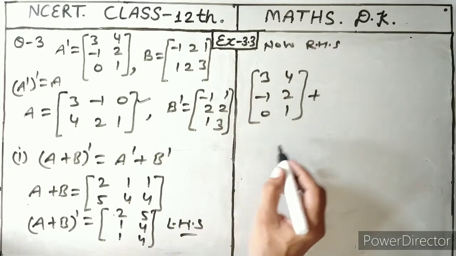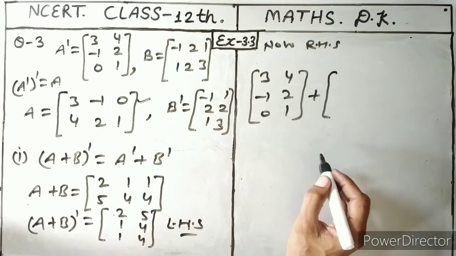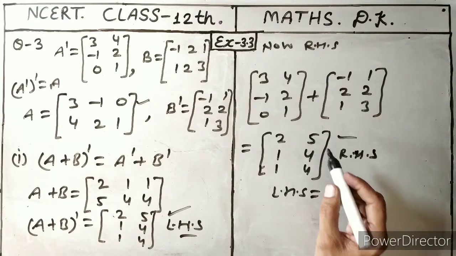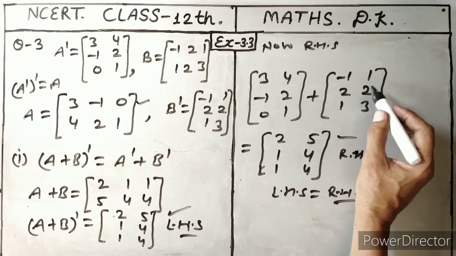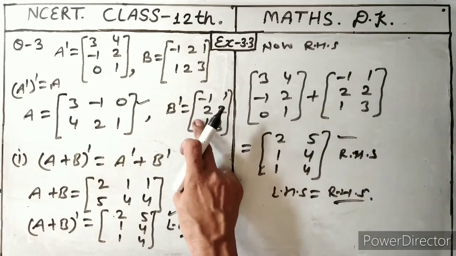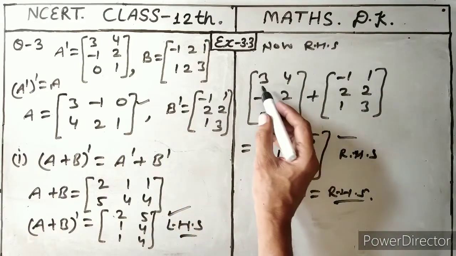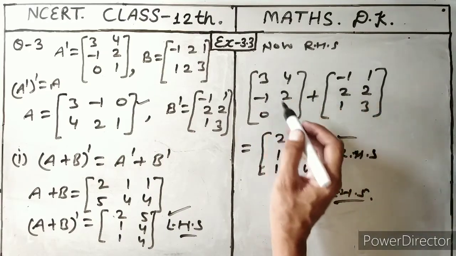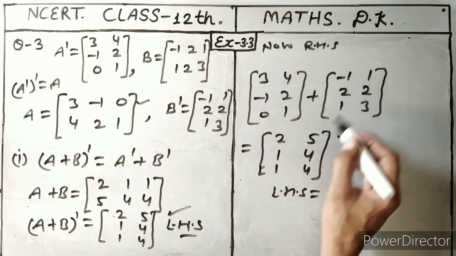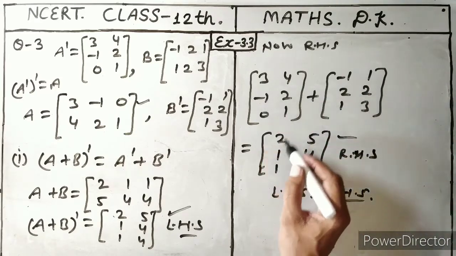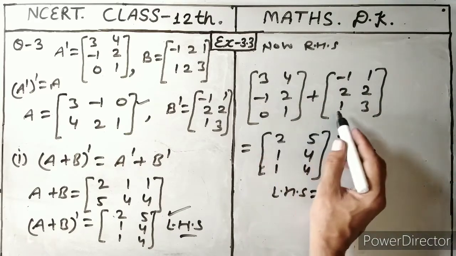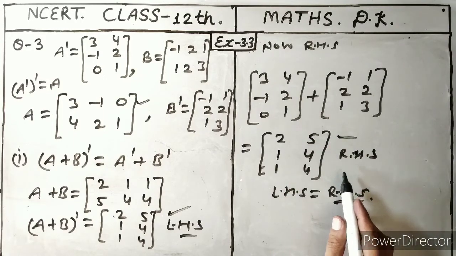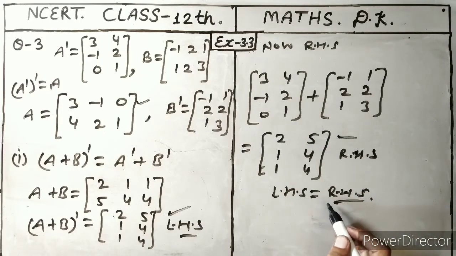This is B, and we write here B transpose, minus 1 1 2 2 1 3. Addition of these two matrices is 1 minus 1 3 2 4 1 5 minus 1 2 1 2 2 4 0 1 1 1 3 4. And this is the right hand side. Left hand side equals right hand side.